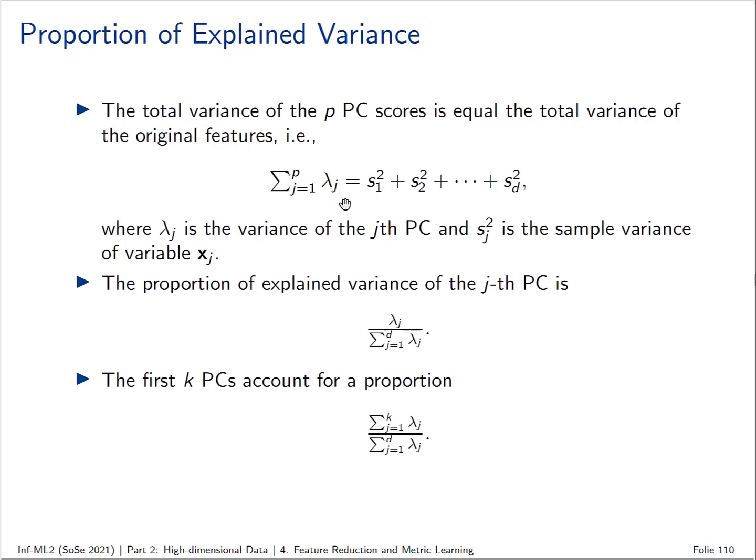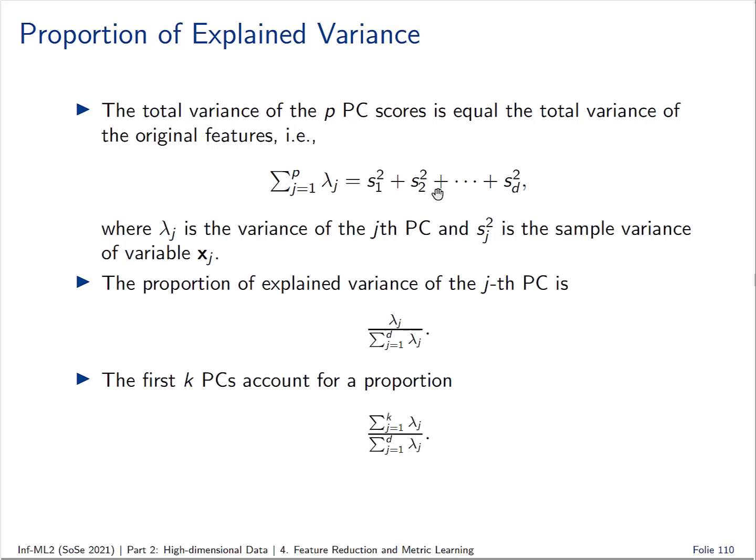So the sum of all the eigenvalues, the sum should go not to p but to d, is equal to the sum of the original variances of the original features. So s1 is the variance of the original feature x1, s2 is the variance of the original feature x2, and so on and so on.